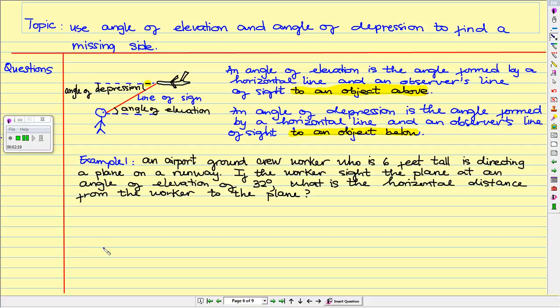So I'm going to draw a very tiny picture of the airport crew. This person is 6 feet tall. Again, this picture is not drawn to scale. I'm going to draw the airplane that is trying to land.